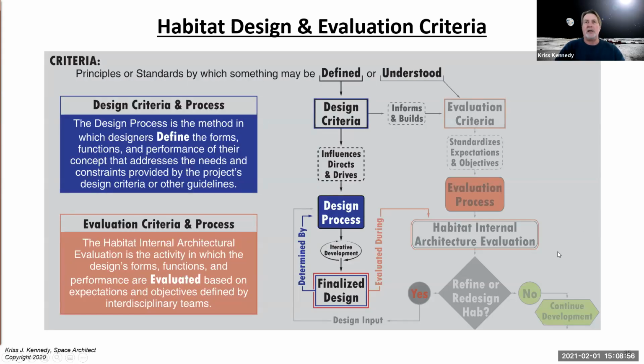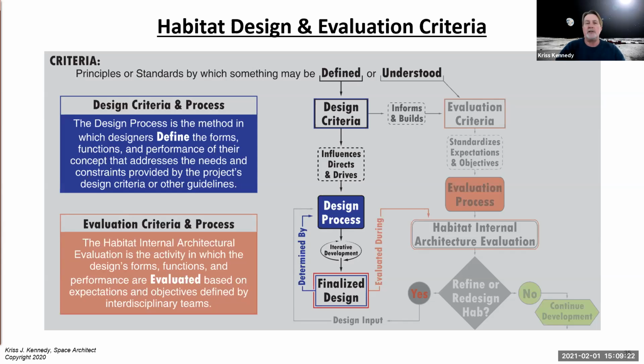An important aspect about any habitat is the design and evaluation criteria. The design process is a method in which designers define the form, function, and performance of their concept that address the needs and constraints provided by the product's design criteria or guidelines.